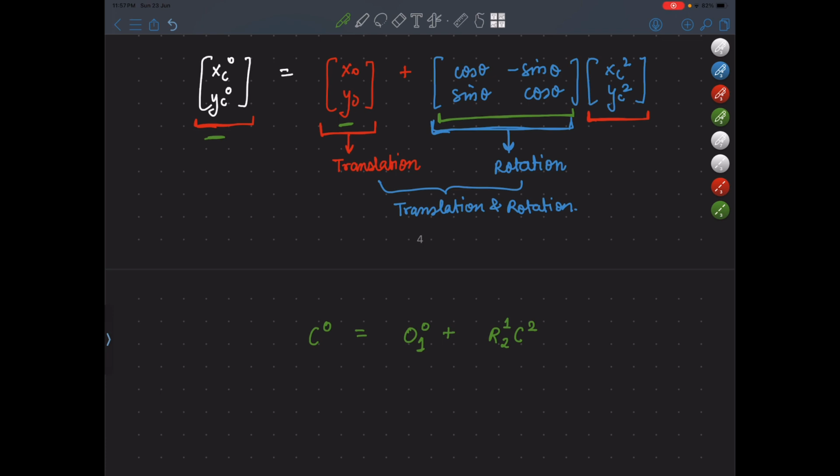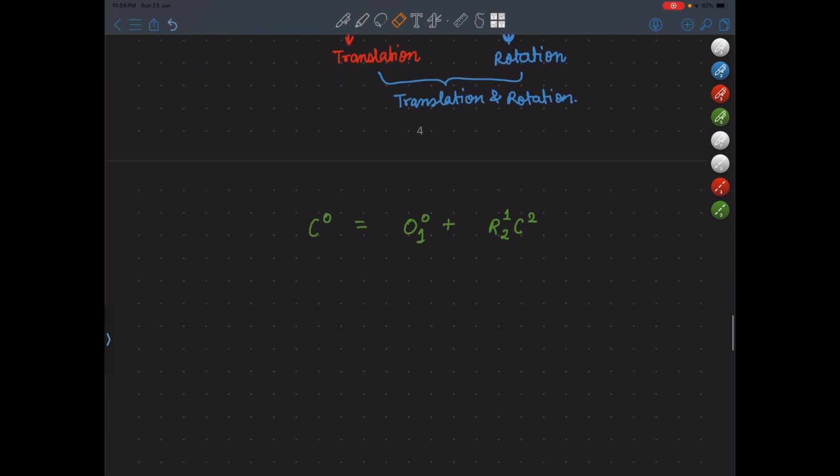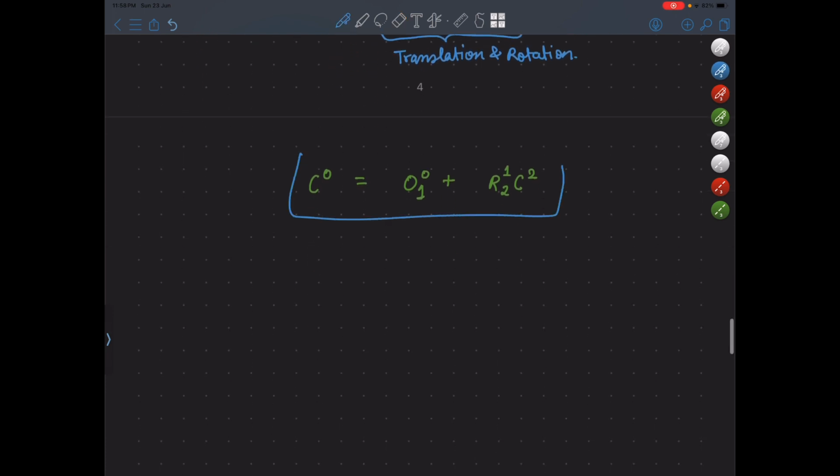So yeah, this is the thing. Now you can see this only represents the name of the frames, right? So let's say there is no intermediate frame, then what? Let's say we directly want to write between two frames 0 and 1.